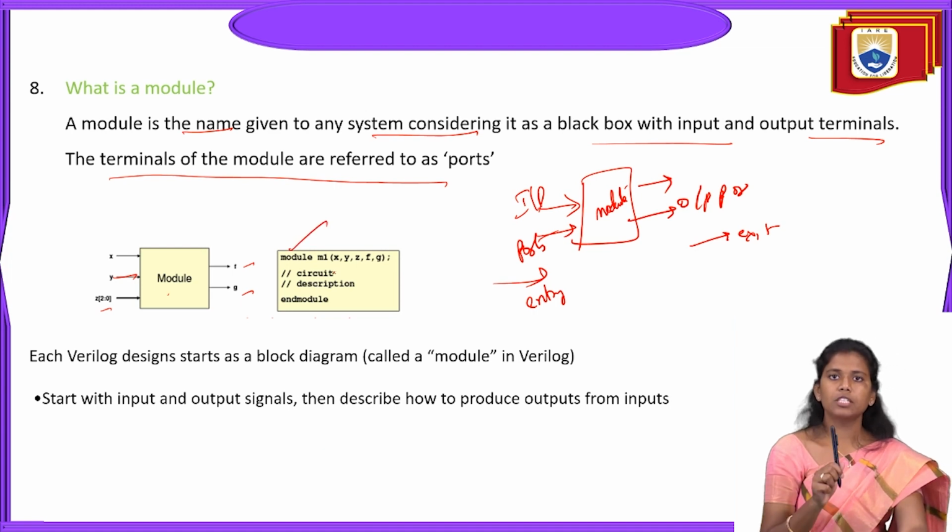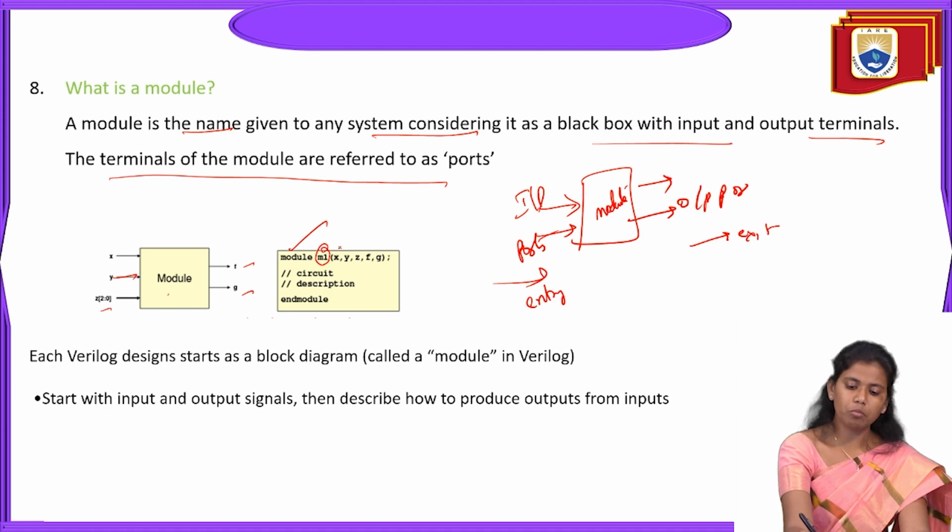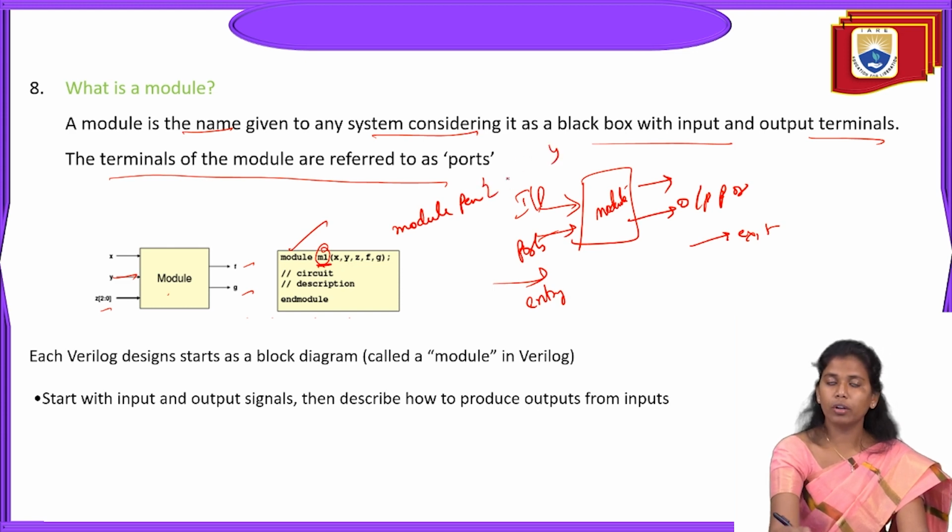That means if this is my pen, I can give the module name as pen. Likewise, he has given the module name as M1. After giving the name, there is a bracket. In the bracket, we need to mention the input ports, output ports, and in-out ports. Why?